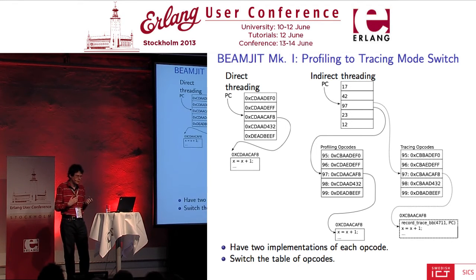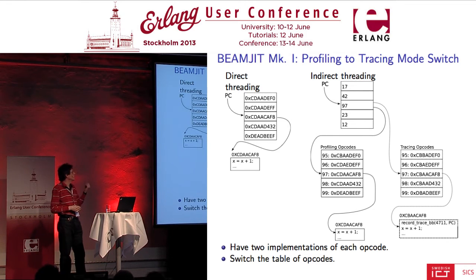But if we want to be able to switch between the modes, we have to add some indirection, and that's what we do here. We convert the Erlang BEAM to use something called indirect threading instead.